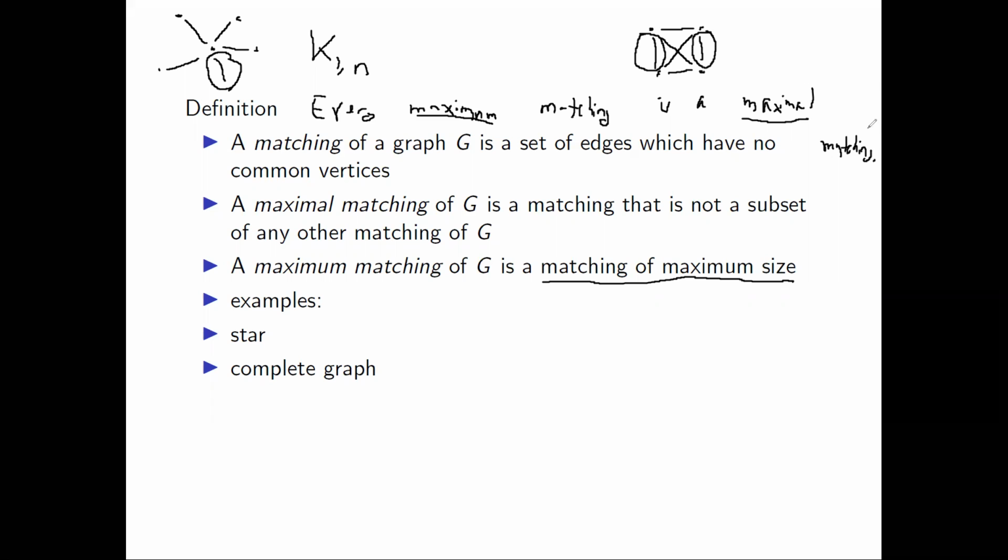So that gives us a matching. There are smaller non-empty matchings in there. Another matching of that complete graph of order 4: we could have just taken a single edge, like just that one. So that's also a matching of that graph.